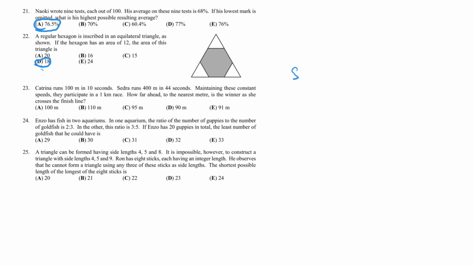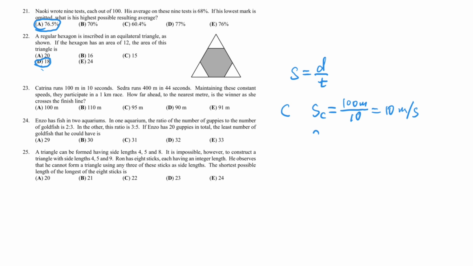Speed equals distance over time. So Katrina's speed is 100 meters divided by 10 seconds, that's 10 meters per second.